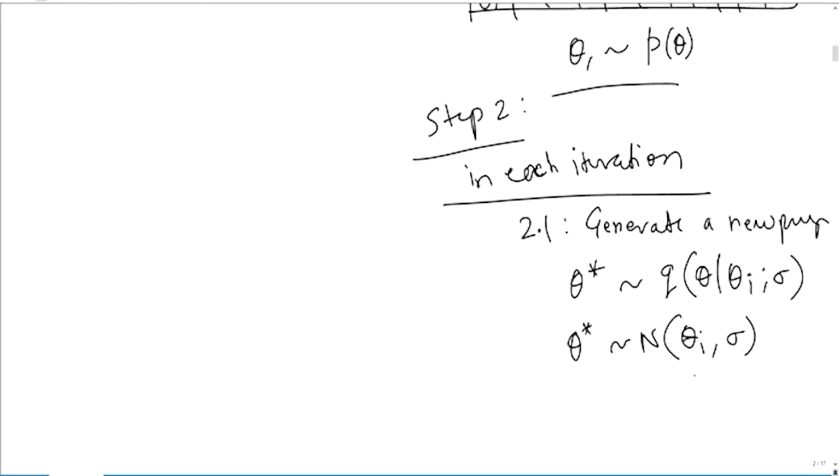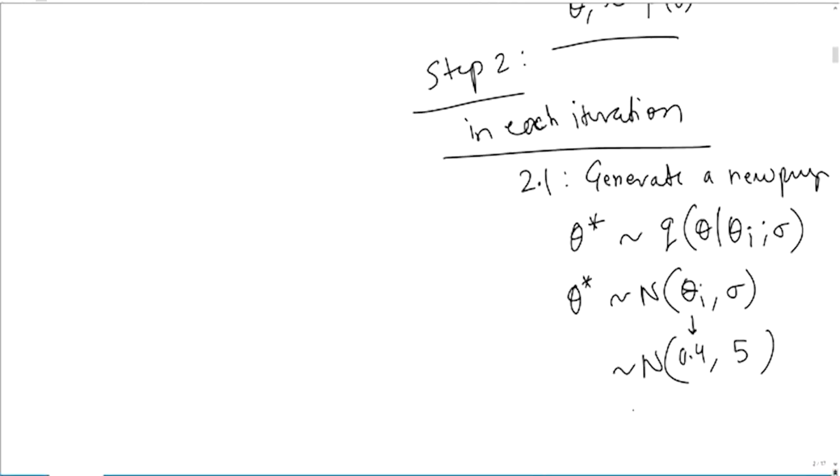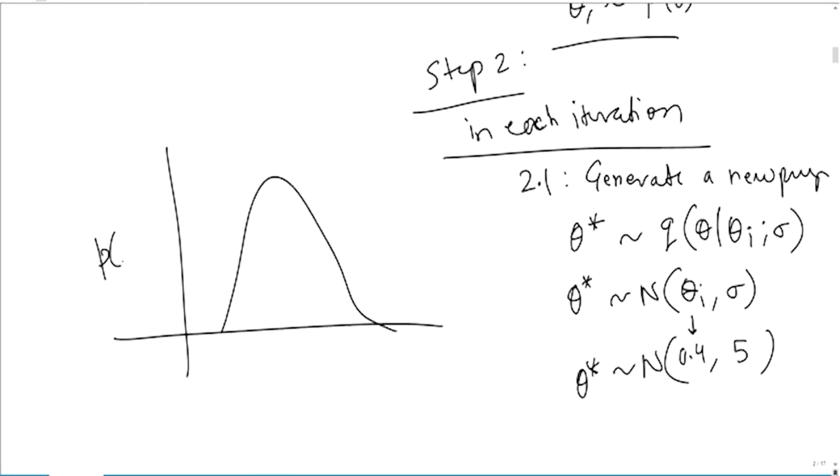Let's say the current state of the chain is theta i equals 0.4 and your sigma is, let's say, 5. What would it imply? Let's say this is your true posterior distribution and your theta i is here, let's say 0.4.